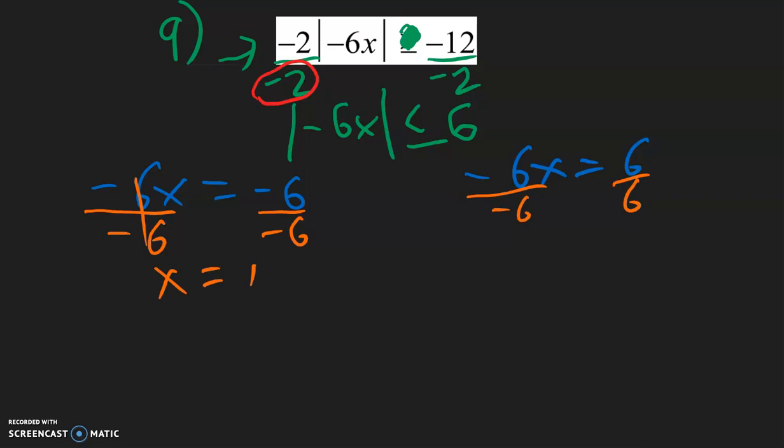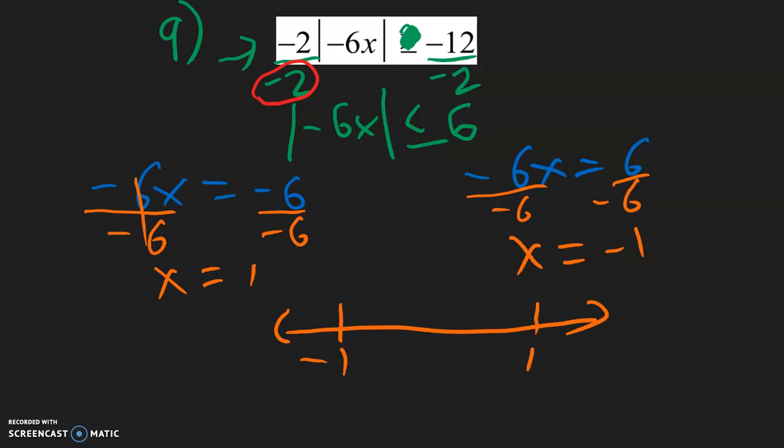Oh, and by the way, we're dividing because the number is right next to the x. It's being multiplied, so we divide. So we have x equal to, oops, this is negative 6, so 6 divided by negative 6 is going to give you negative 1. Now, to make the number line, the smaller number is negative 1, the bigger one is positive 1.